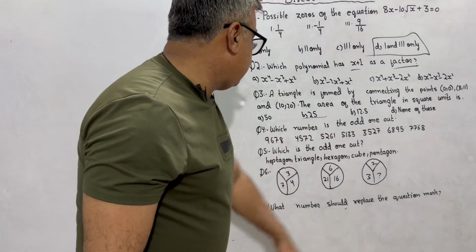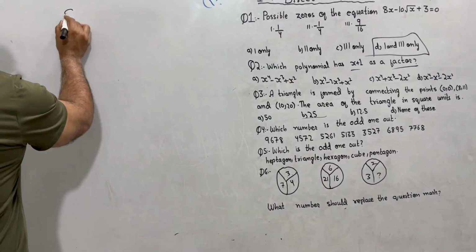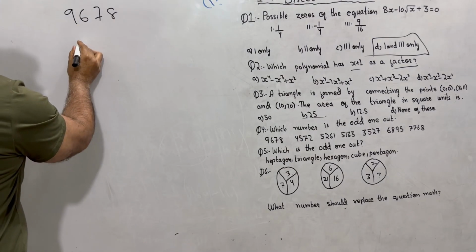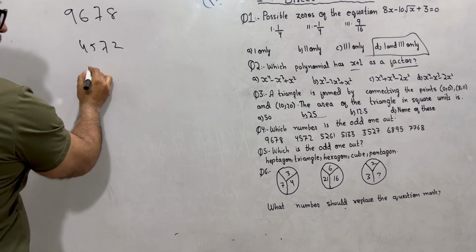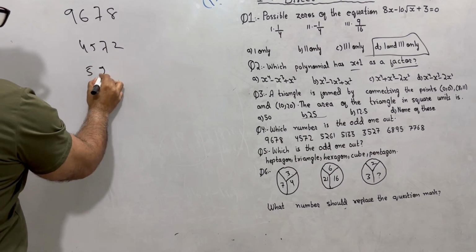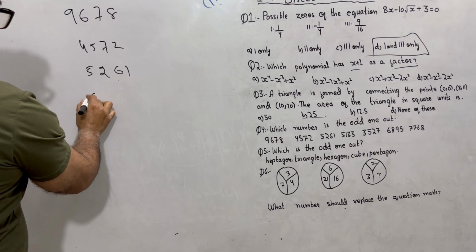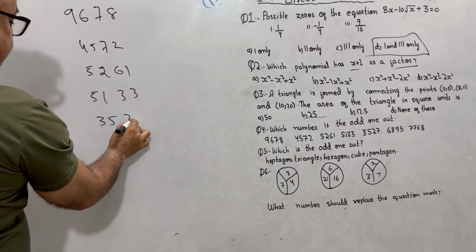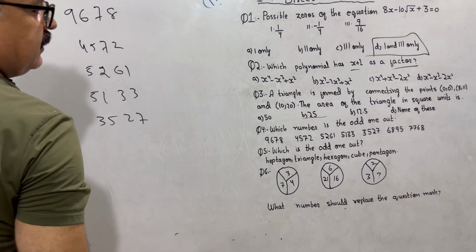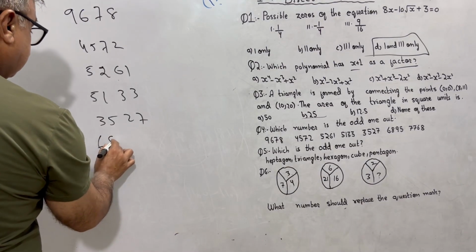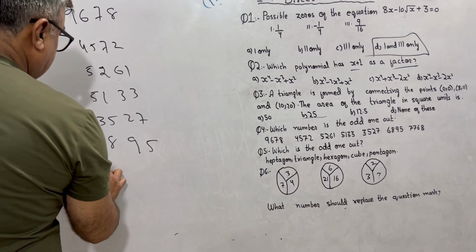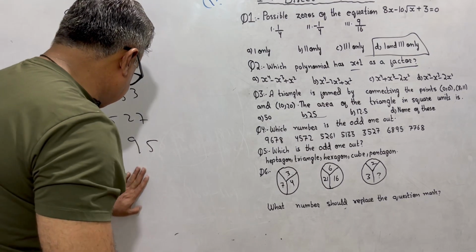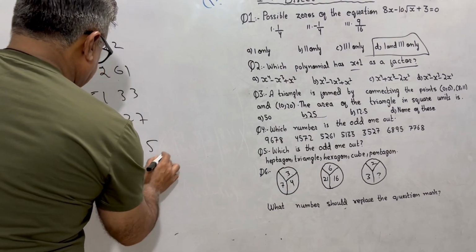Which number is odd one out? I have 9678, 4572, 5261, 5133, 3527, and 6895, and the lengthy one, 7777, 6877, 6868.